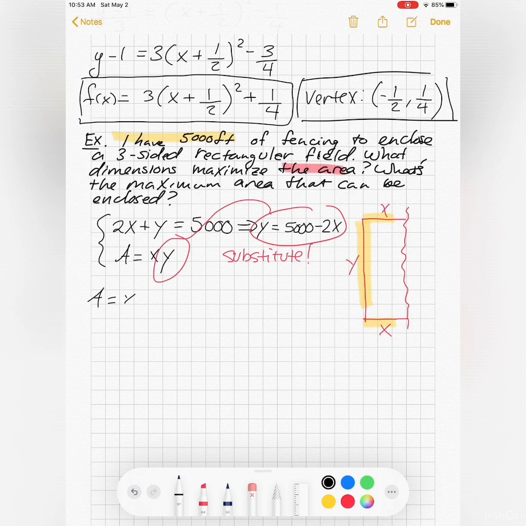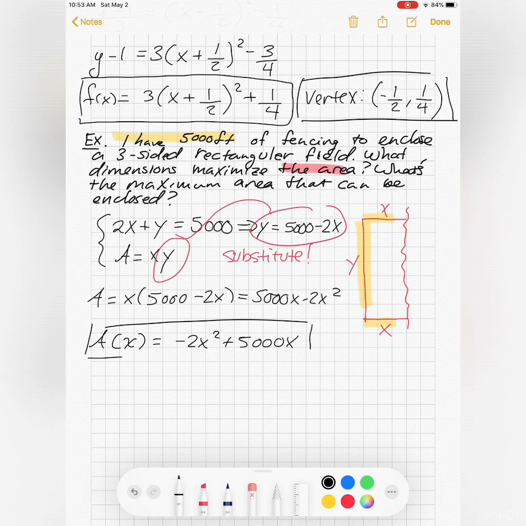So then wouldn't the second equation look like I have an x in front and then times my 5,000 minus 2x? So my area as a function of just x, I'm rearranging, looks like this, right? Now, why is that helpful?